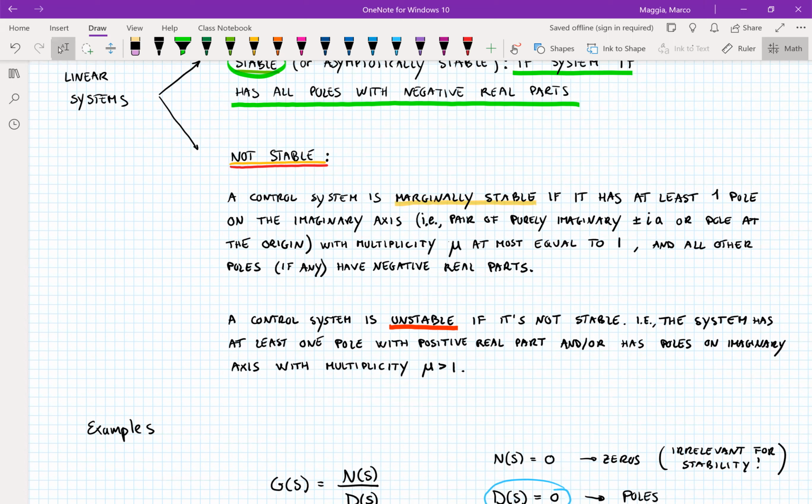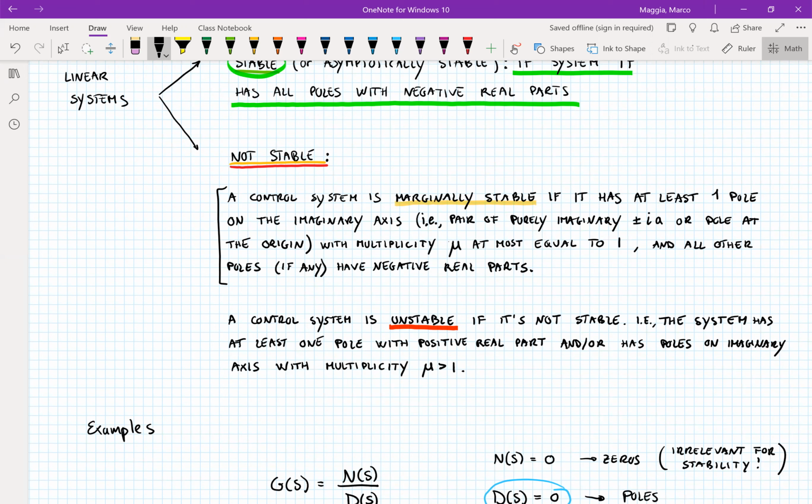So it's almost stable. And this is what's described in the following definition. Let's read it together. A control system is marginally stable if it has at least one pole on the imaginary axis, with multiplicity at most equal to 1, and all the other poles have negative real parts. So in this case, the definition is a little bit less strict.